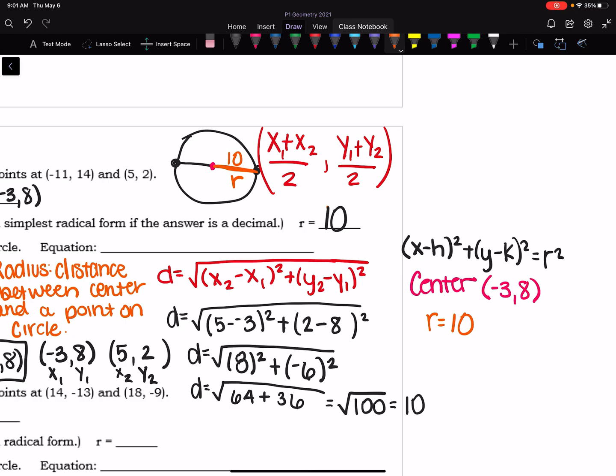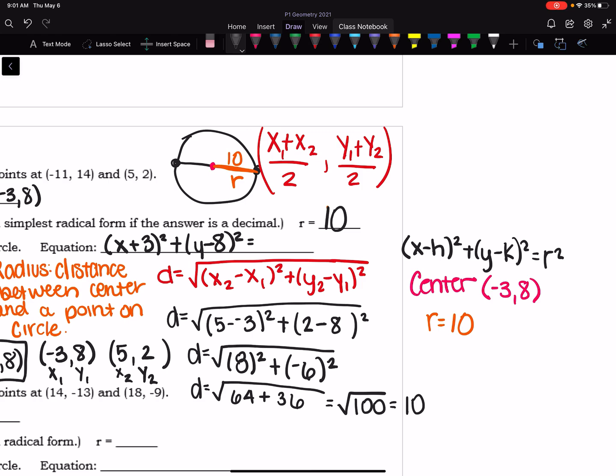So we always go opposite signs for the h and the k values. So if I have a negative 3, we're going to have x plus 3 squared. We have a positive 8, so we will have y minus 8.